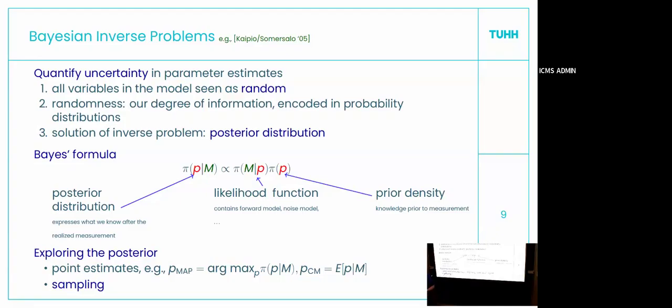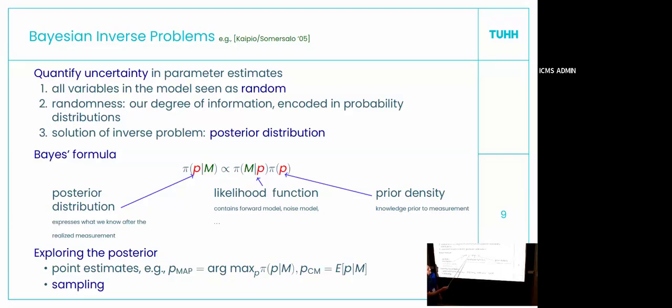And you encode what you know about the problem in probability distributions. So what you know up front before you do any measurements, you put in a prior density. That might be knowledge of, say, physiologically meaningful flow velocities. In your likelihood function, you encode the forward model or differential equation, but also what you know about noise in the measurements.